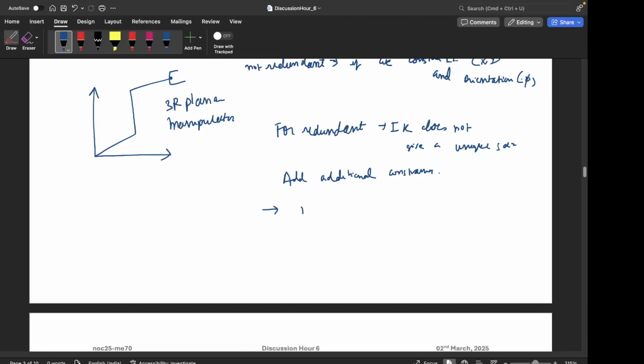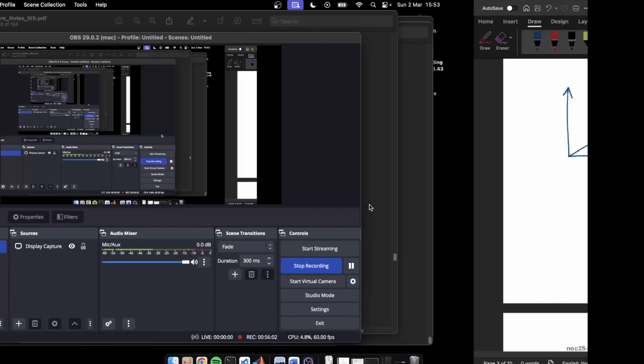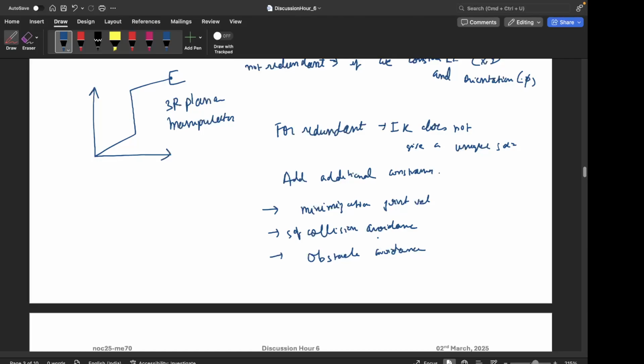And these constraints can be minimization of joint velocity, collision avoidance, self collision avoidance, obstacle avoidance, and all these constraints can be expressed in form of different mathematical expressions, and then an optimization problem can be formed that gives us a unique solution for the inverse kinematics.